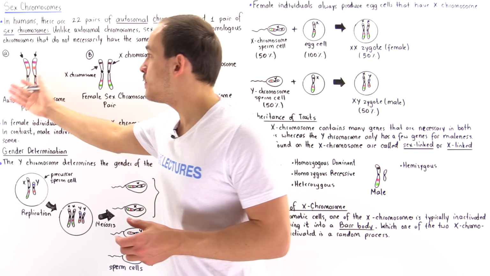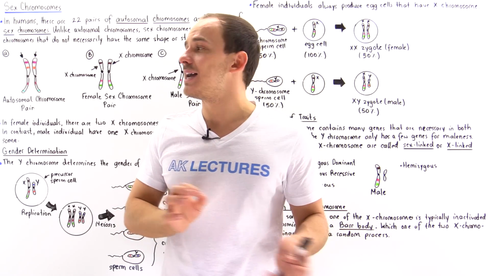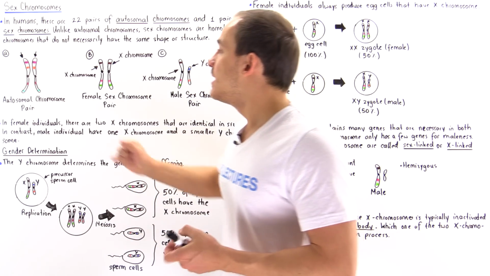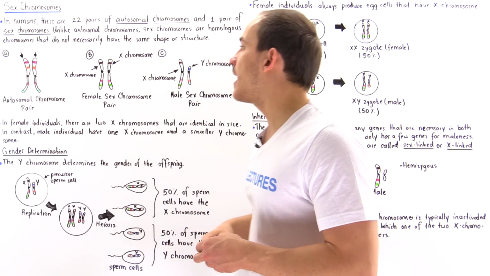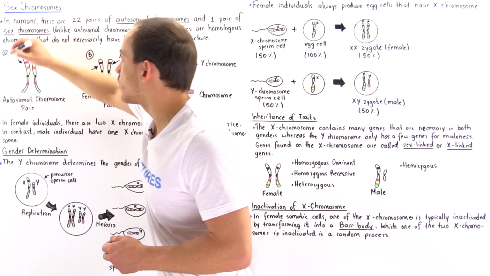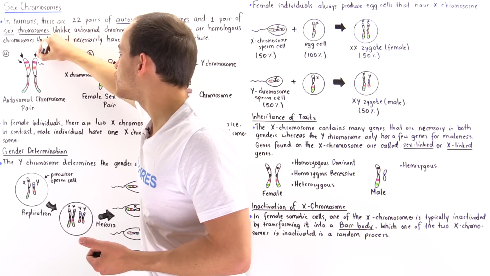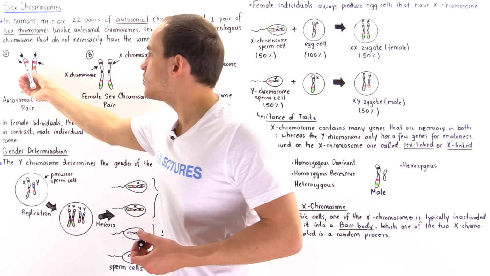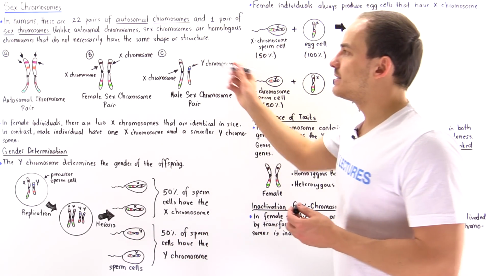Notice in this pair, these two autosomal chromosomes are the same size and the same shape, and they carry the genes that code for the same exact types of traits. So we have this gene that codes for, let's say, hair color, and this gene also codes for hair color, and these are known as alleles.